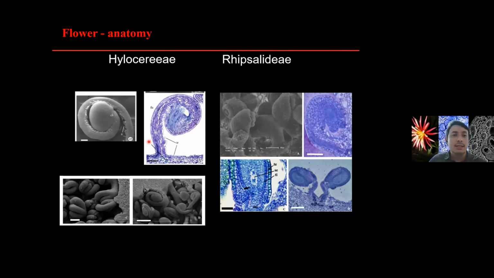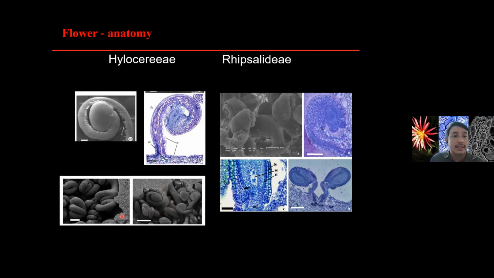If we try to make some comparison between these epiphytic tribes, Hylocereeae and Hylocereeae... I'm sorry, in the ovule morphology, for instance, in Epiphyllum phyllanthus, the funicle is long, but is unique.